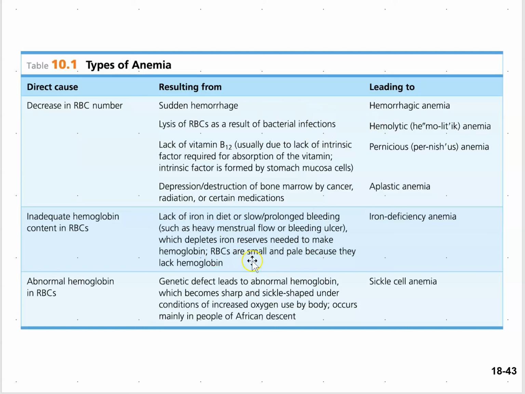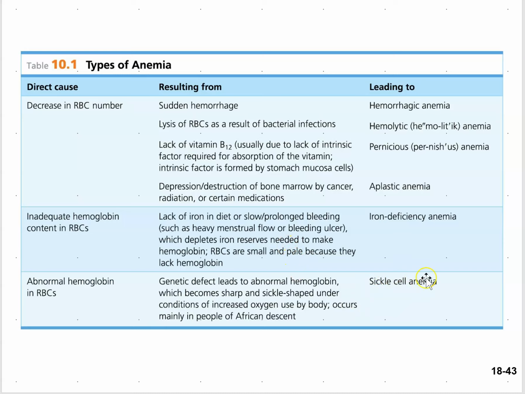And then a very common condition is iron deficiency anemia. Iron deficiency anemia is due to the lack of iron in the diet, or depletion of iron reserves in the blood, which causes the blood to be really thin, and the person looks pale because of lack of hemoglobin.